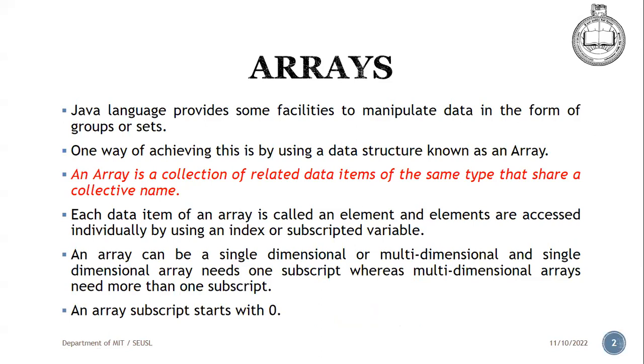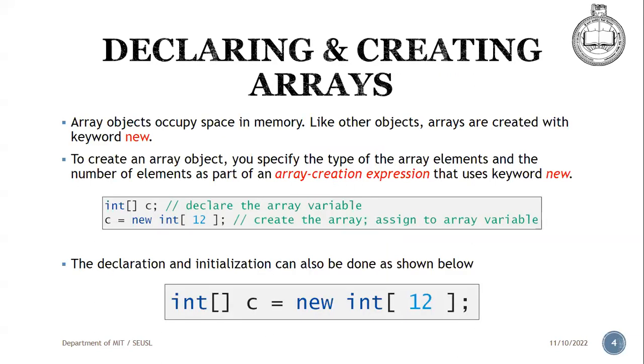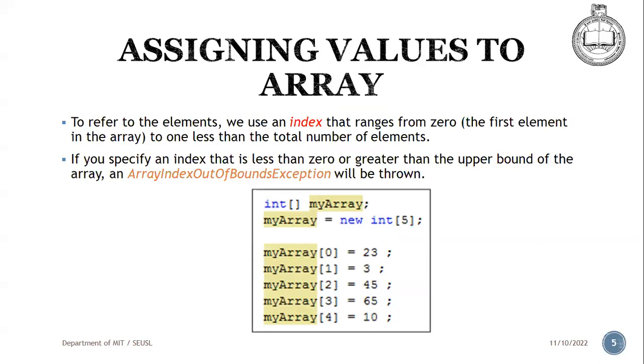We have discussed the definition of an array and what an array is, how to identify an array, and some specific characteristics of arrays, like having an index, what an element is, the name of the array, how to declare and create arrays, and assigning values to arrays.